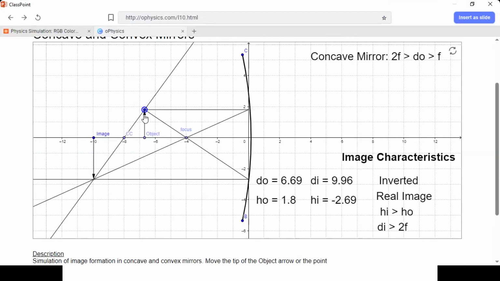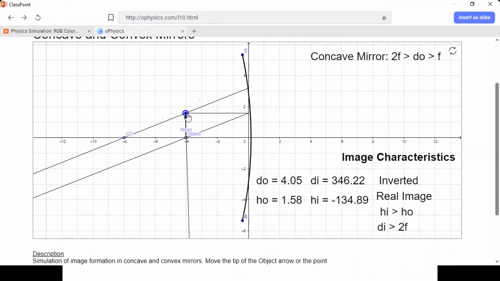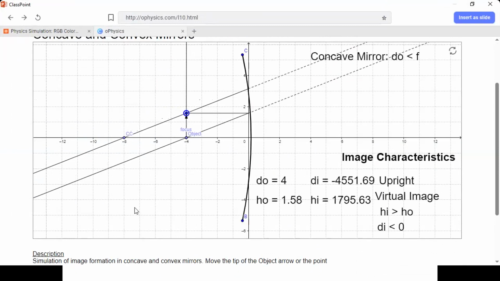So if you place the object at the focal point, what happens? If you place the object exactly at the focal point of the concave mirror, no image will be created. Why?